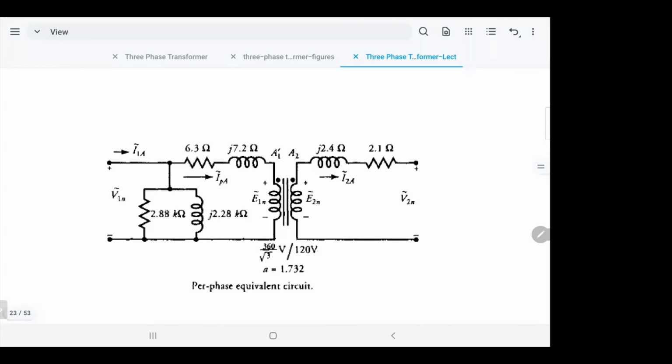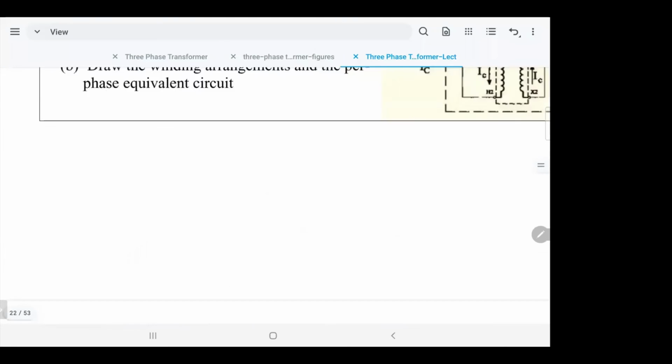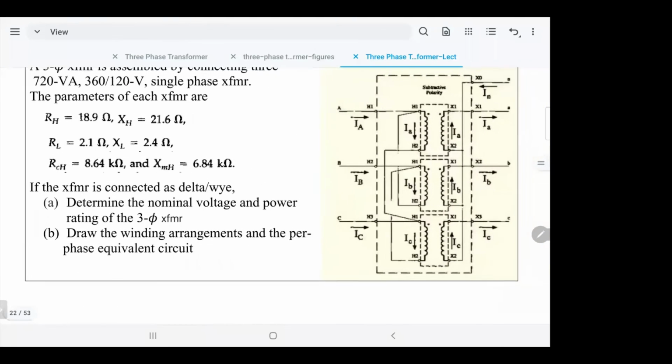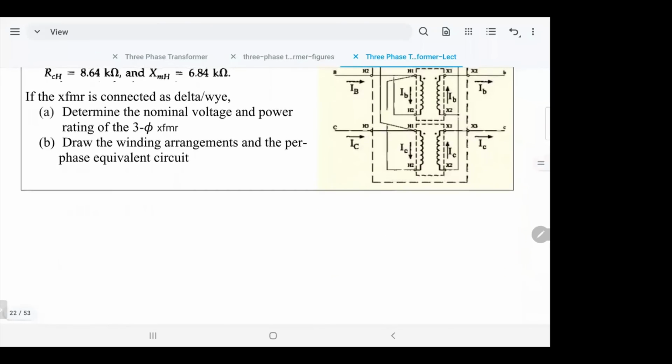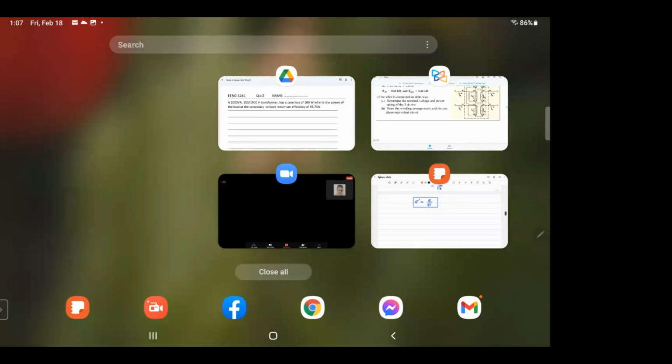Delta is dealing with balanced loads, and the current is divided by 1/3 for Y. That's number one. Then you get the equivalent, so simply find the equivalent Y for that. That's why in this example I intentionally chose delta Y, so you can have both. So how do we start to find the equivalent circuit for this delta Y?